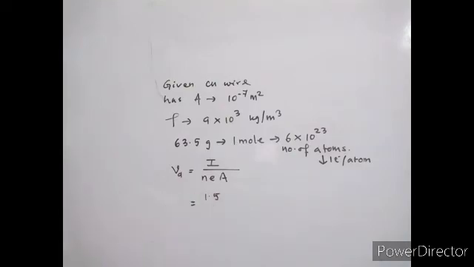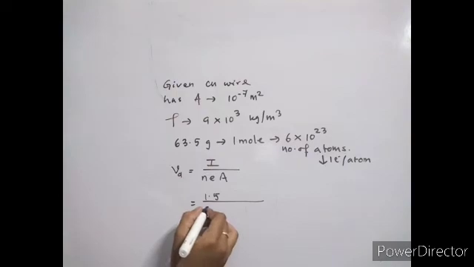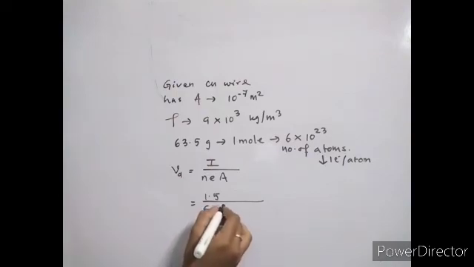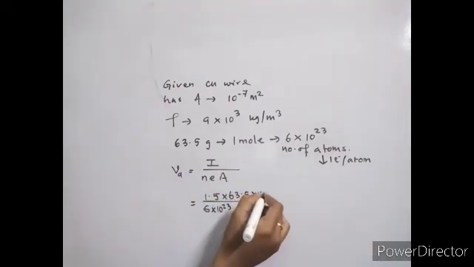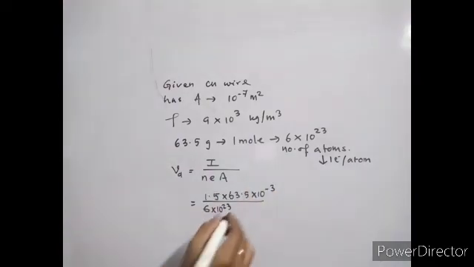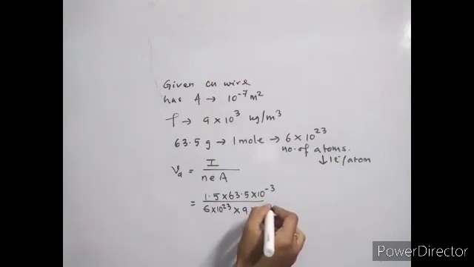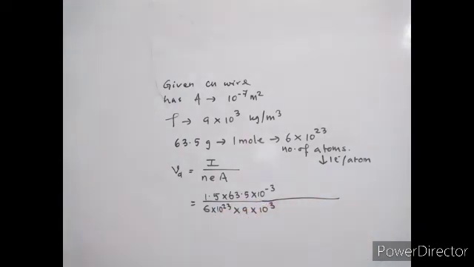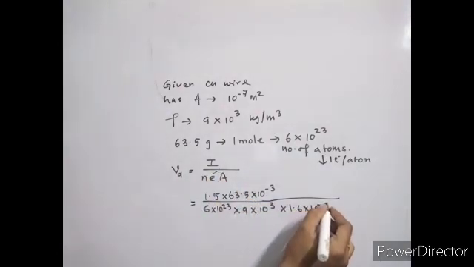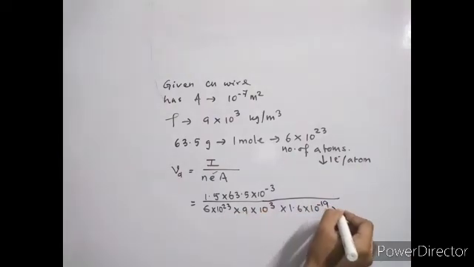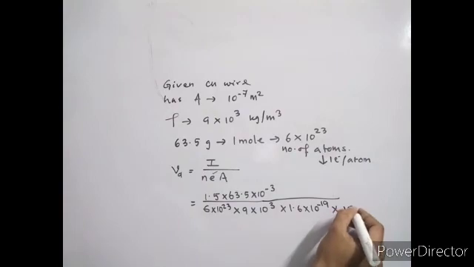For I, we just substitute 1.5 ampere divided by N. Now the value of N that we had obtained was of the form 6 times 10 to the power 23 divided by 63.5 times 10 to the power minus 3, and at the bottom we have 9 times 10 to the power 3, and then we put the values of the charge of the electron, that is 1.6 times 10 to the power minus 19, and the area that is given over there, that is 10 to the power minus 7.